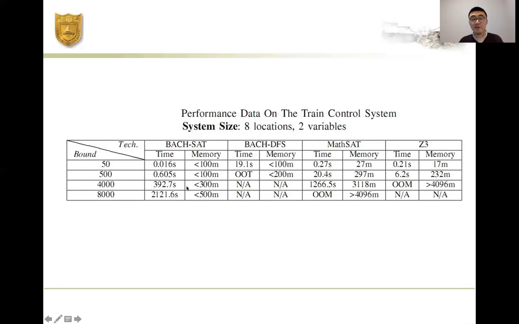However, if we continue enlarging the bound to 8,000 steps, BarSat can still solve it in like 2,000 seconds, while MathSAT is also out of memory. That confirms our idea that BarSat can always control the memory very well because it only needs to keep the ongoing path in memory.